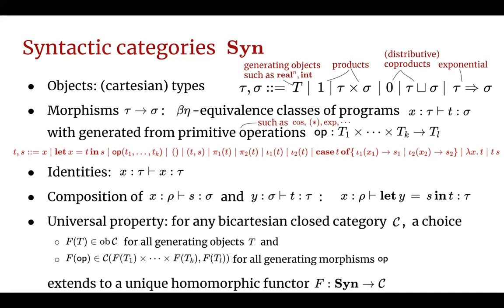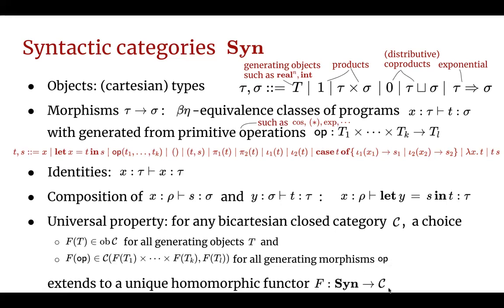Namely, given any other bi-Cartesian closed category C, as long as we make a choice of an object F of t, which is going to be an object of C for all the basic types of the syntax, and as long as we choose a well-typed morphism in C for all the primitive operations in our language, this assignment extends to a unique homomorphic functor from the syntax to C.